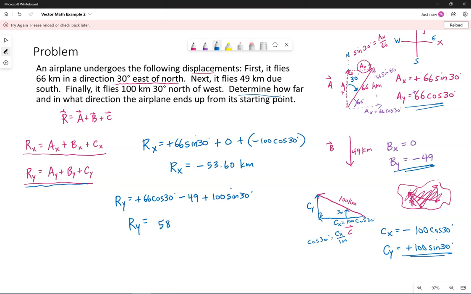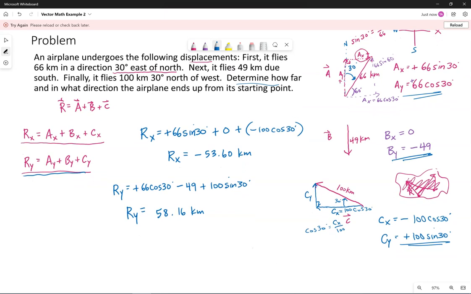Getting 58.16 kilometers. So this answer at the moment is telling us the airplane ends up, if this dot was its starting point, to the left by 53.6 kilometers and north by 58.16 kilometers.